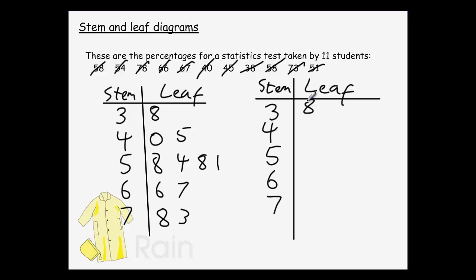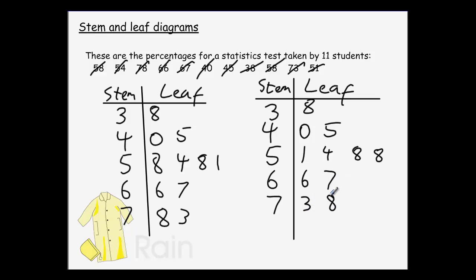So the first row is going to stay the same, the second row also stays the same, the third row, going from smallest to biggest, we have 1, 4, 8, 8, and then 6 and 7, and 3 and 8.